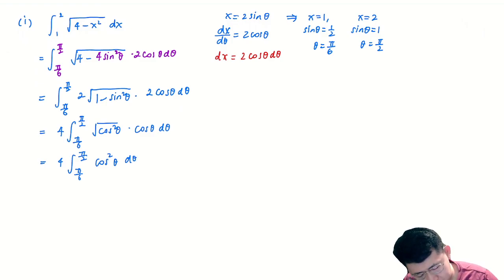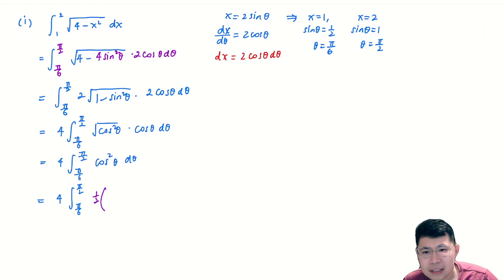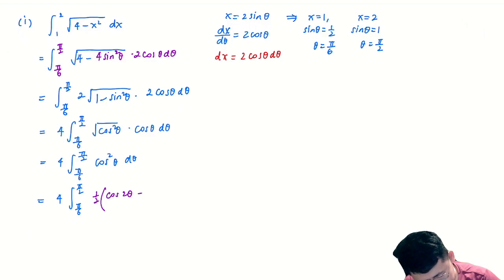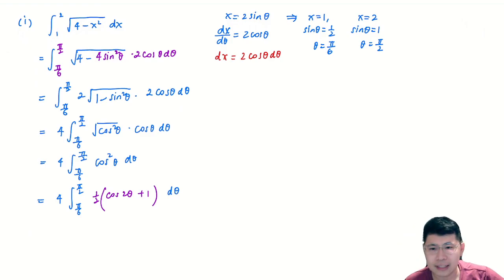Now making use of the double angle formula, our cos squared theta would be half of cos 2 theta plus 1, d theta.